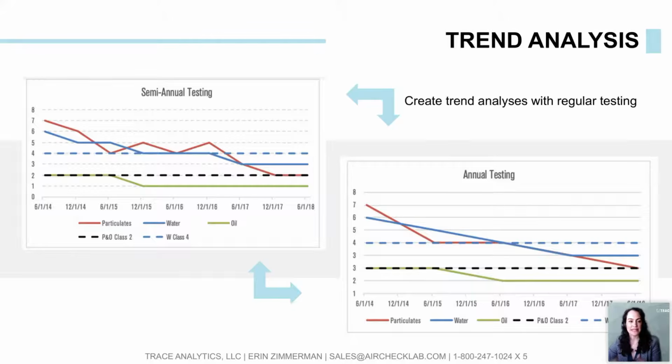But that doesn't mean that those spikes didn't happen. It just means that testing wasn't done, so you're unable to account for those. That's why a phrase I like to say is, out of sight, out of mind is not recommended when it comes to compressed air testing to ensure the overall safety of your products.